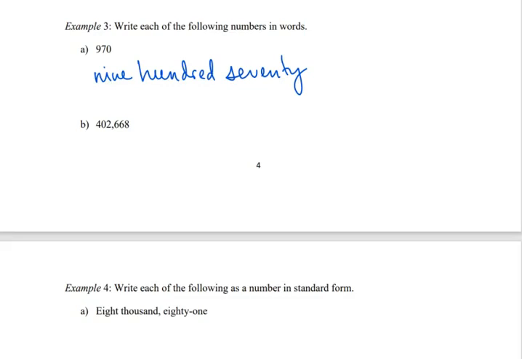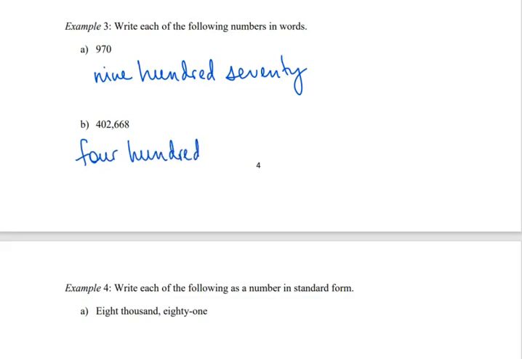So the next one, you have 402,668. So there's 2 groups. One, there's a thousands group and there's a ones group. So let's go ahead and look at the 402 in the thousands group. You start with the digit, which is the 4. It's in the place of 100. So you have 400.